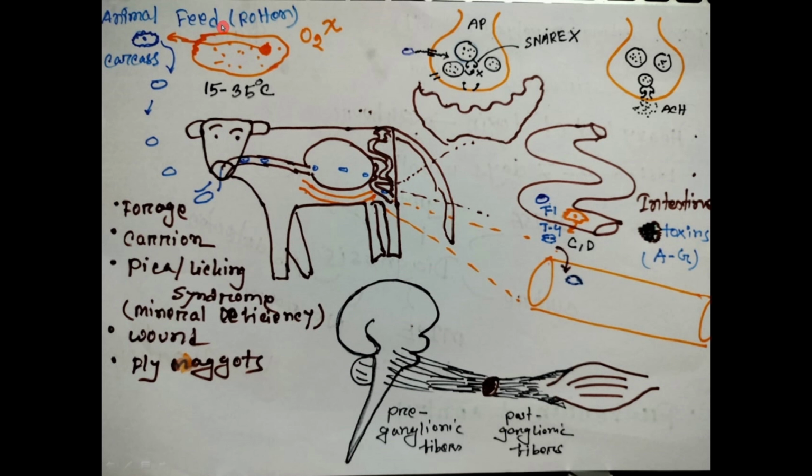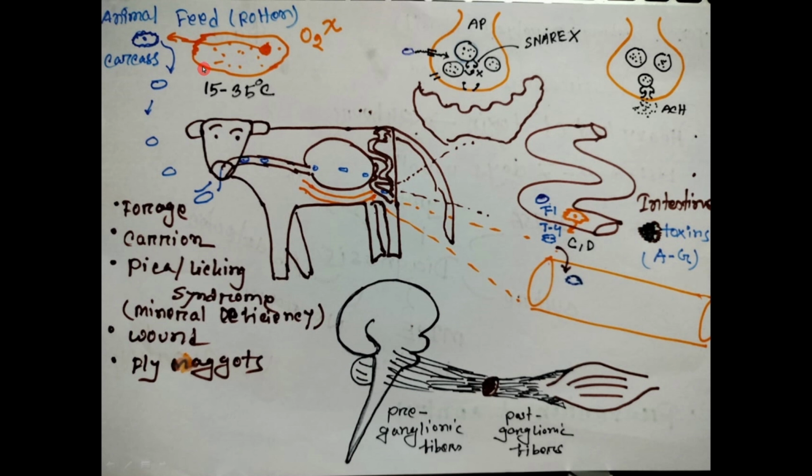We know that gram-positive bacteria release exotoxin, whereas gram-negative bacteria release endotoxin, and endotoxin is basically released after the death of the organism. Now as this toxin gene synthesizes the toxin, these toxins get expelled out by exocytosis.